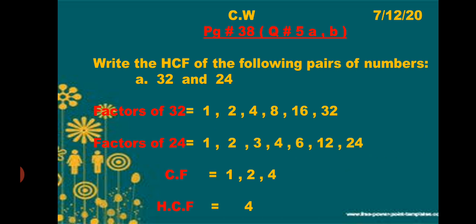Now the first step is we have to write down the factors of the given numbers. So here we have the factors of 32: 1, 2, 4, 8, 16 and 32.